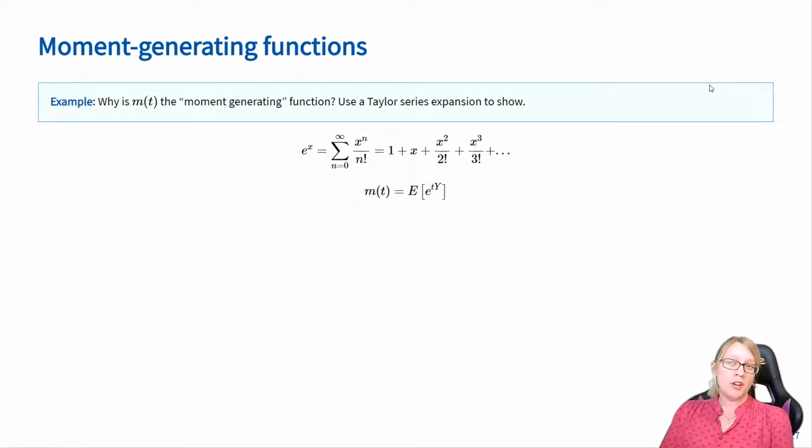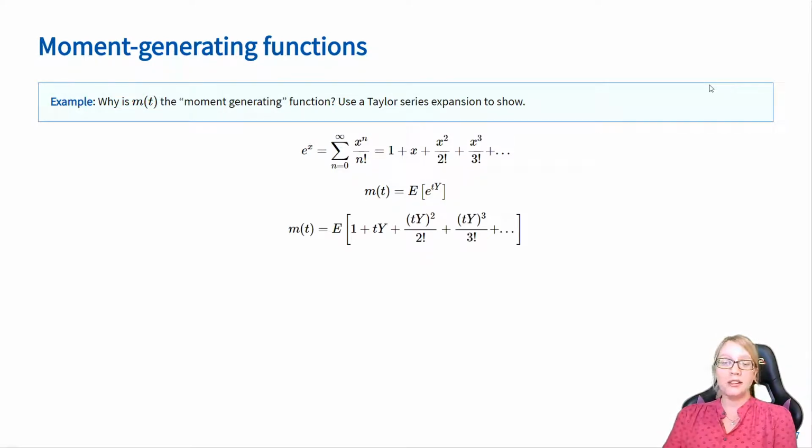The moment generating function is the expected value of e to the ty. What does that e to the ty look like in terms of the Taylor series? Well, it looks like this. It's the expected value of 1 plus t times y plus t times y squared over 2 factorial plus t times y quantity cubed over 3 factorial, and so on.